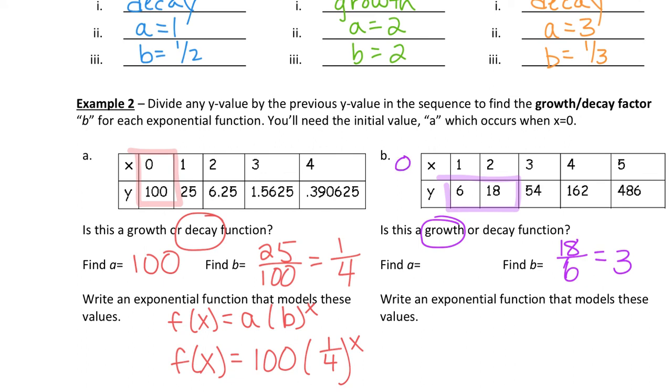So if I want to return to x equals 0, I need to go back 3 times. So 6 divided by 3, that means my y value, my initial value, would be 2. Sometimes they're tricky like that, and you just have to think them through to figure out what that 0 value would be. My exponential function, I'm going to let you pick which one you think it is. And it should have been f of x equals 2 times 3 raised to the x.